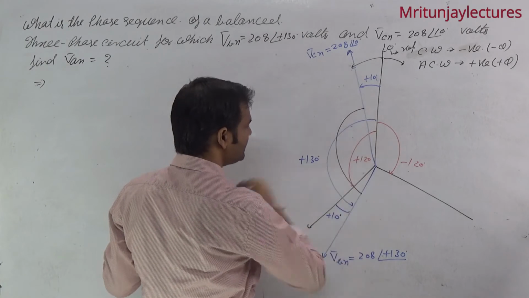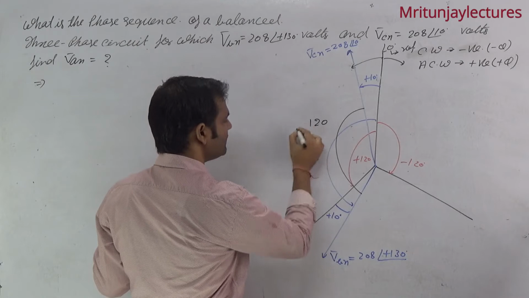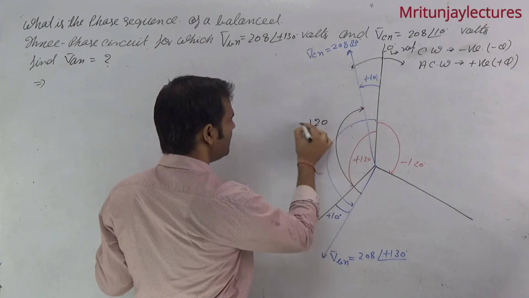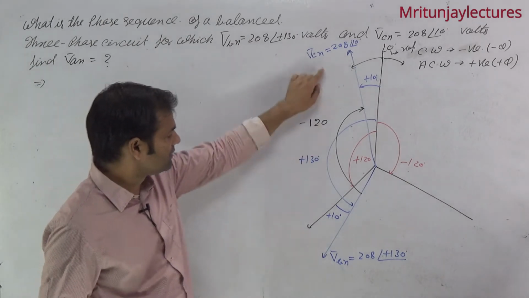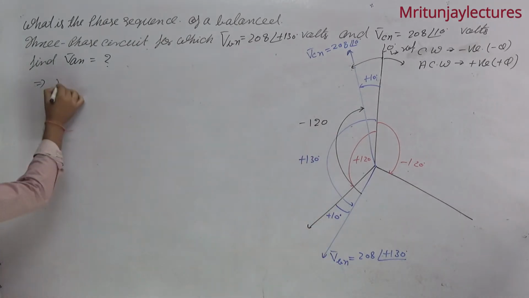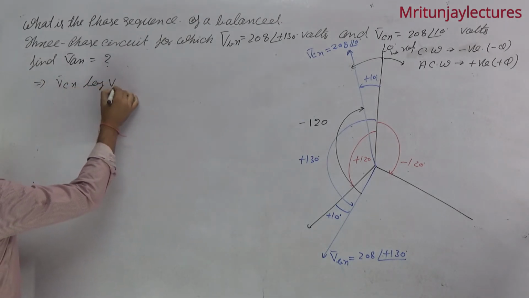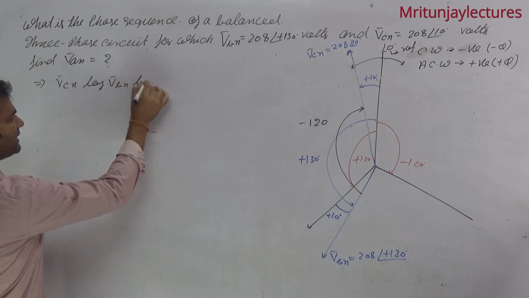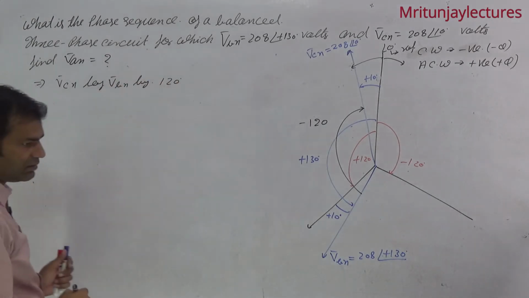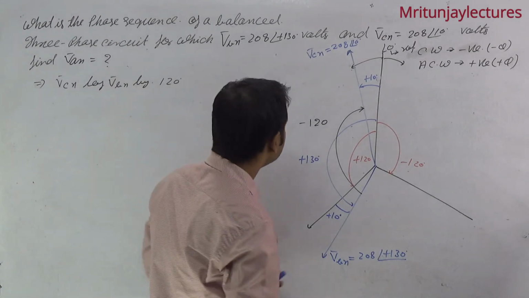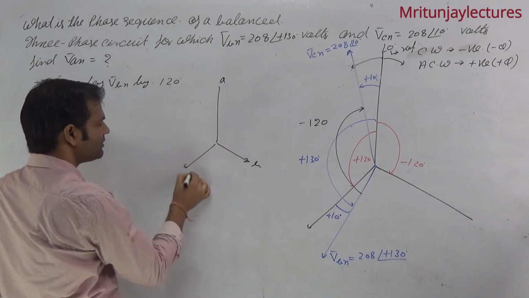The angle between these is 120, from B to C. You can say that VCN lags VBN by 120 degrees. It means which type of sequence? That is ABC.